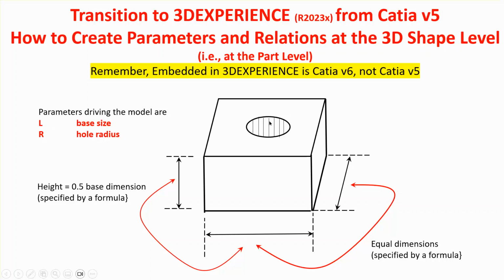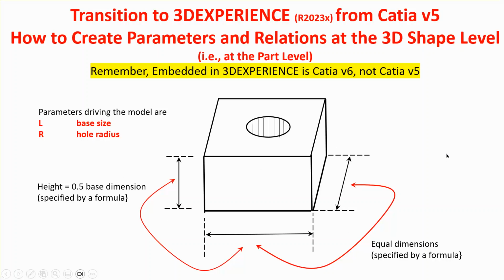These are independent from each other. But I also want to create some relations or formulas which say this edge equal to that edge and this edge equal to double of that, or this one half of this. In other words, L will run these three dimensions, and R of course is independent.